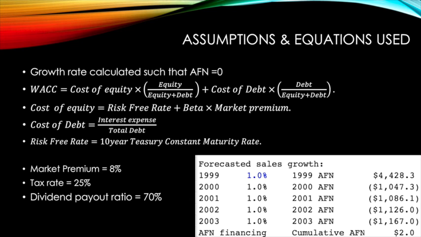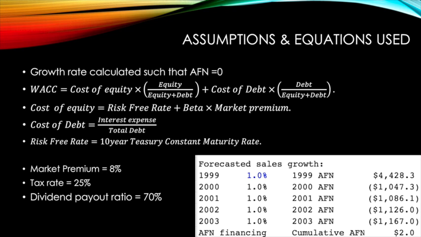And the cost of debt, I calculated it as the interest expense divided by the total debt. For the risk-free rate, I used the 10-year Treasury constant maturity rate, which is a value that can be found online. And for the market premium, I found that for L'Oréal, it was about 7.5 to 8.